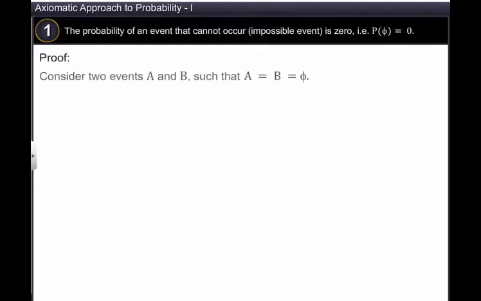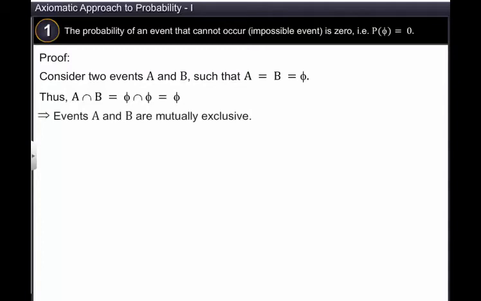Consider 2 events A and B such that both A and B are null sets. Thus, A intersection B is equal to phi. This implies that events A and B are mutually exclusive.